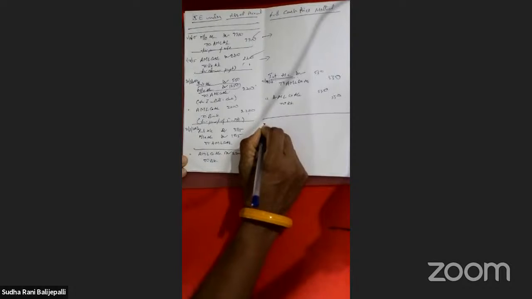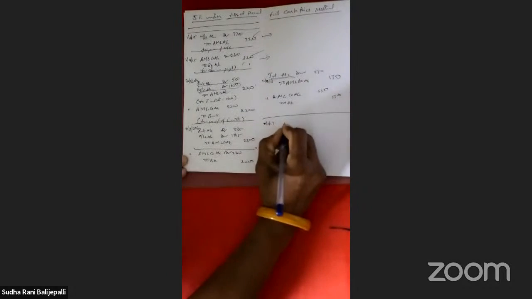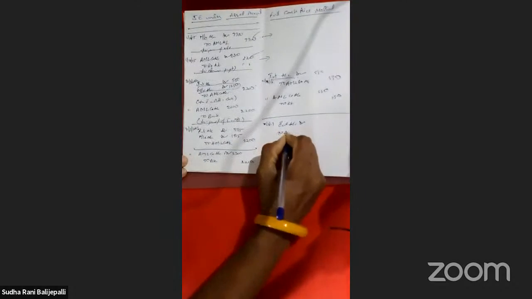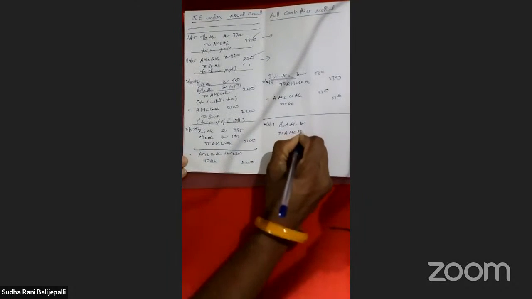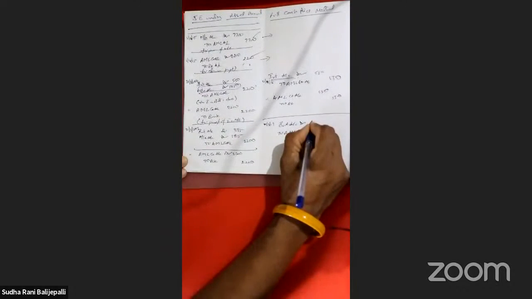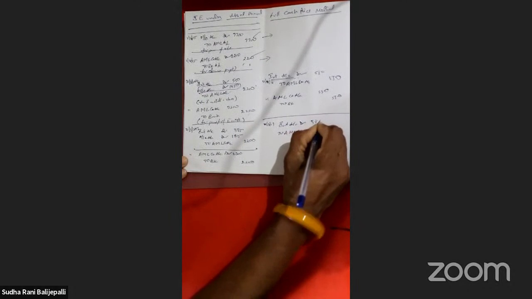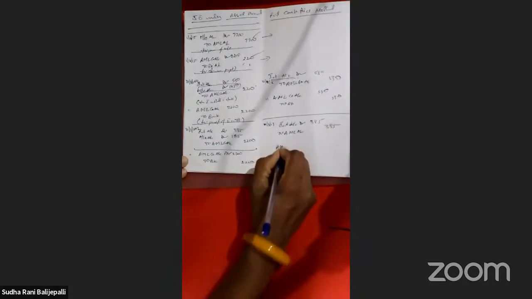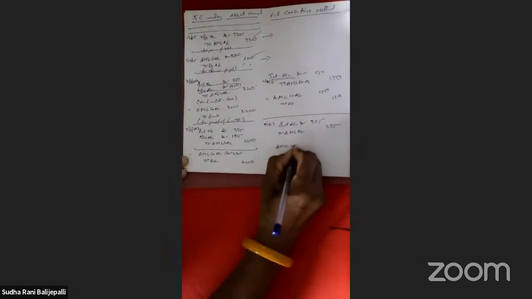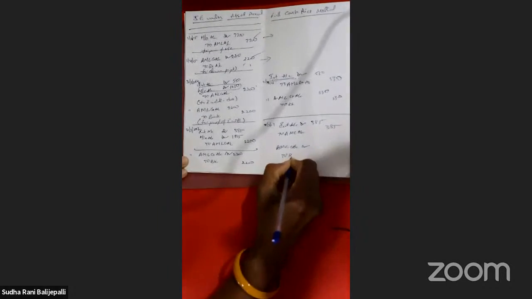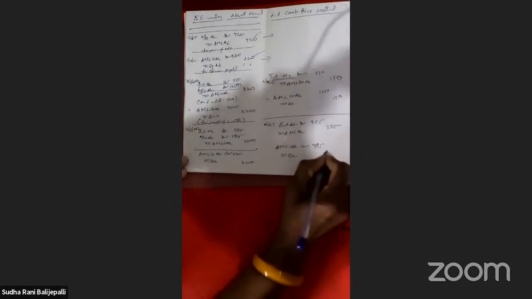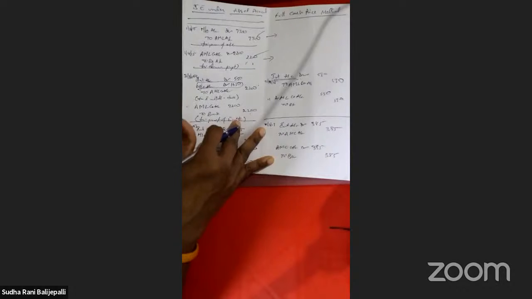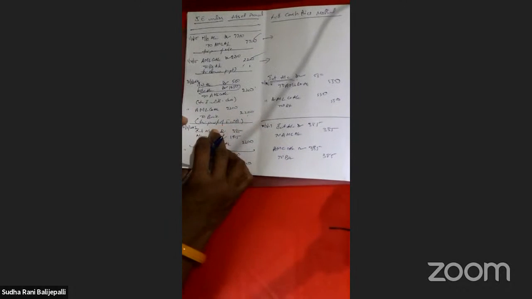Same way for the next installments. On 31st March 17, interest account debit to the company account. What is the second installment interest amount? 385, 385. Then the company account debit to bank 385.